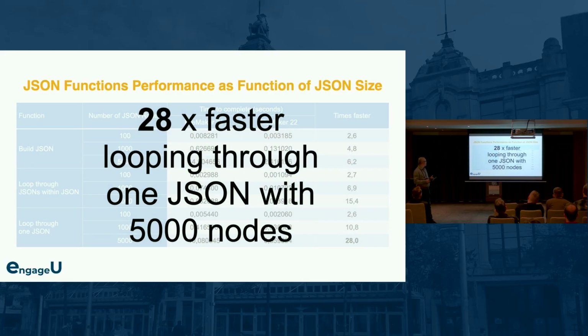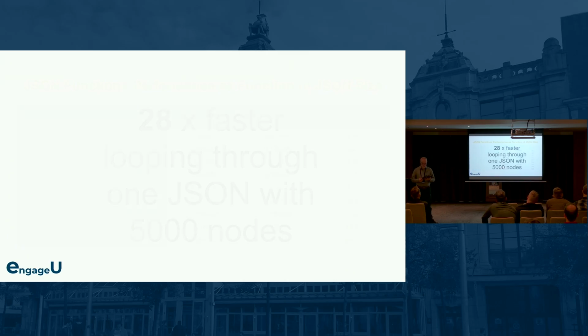And here's the result for the 5,000. Looping through two-dimensional JSON with 5,000 nodes on an M4 Mac is 28 times faster in FileMaker 22 than in FileMaker 21. So that's really good news.